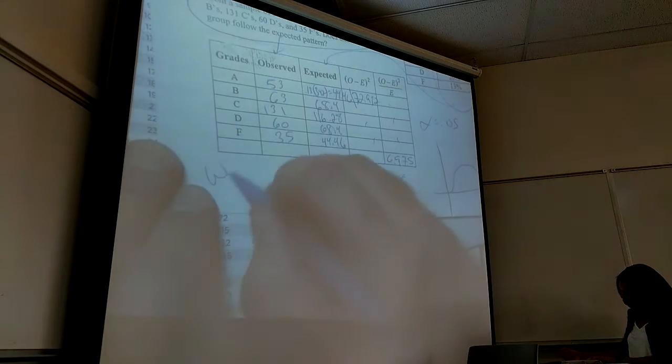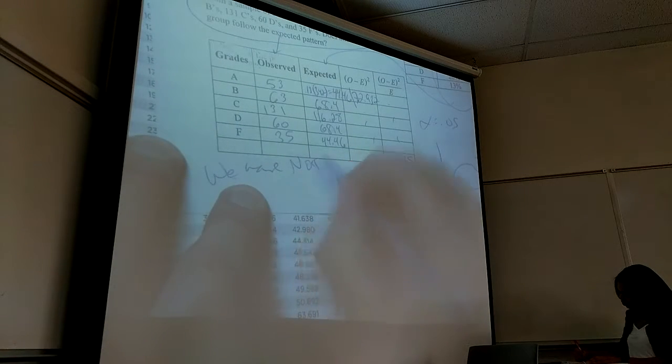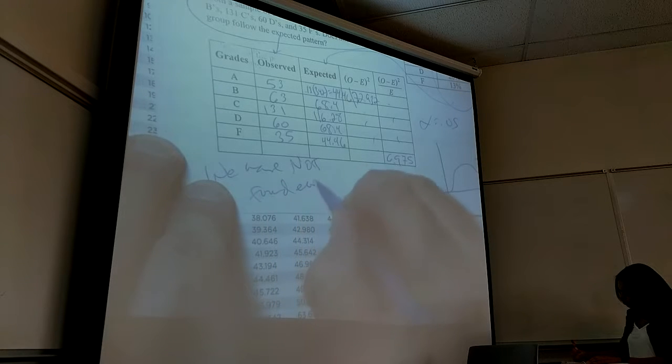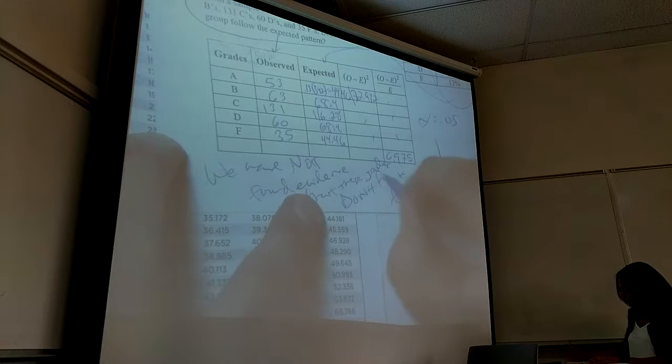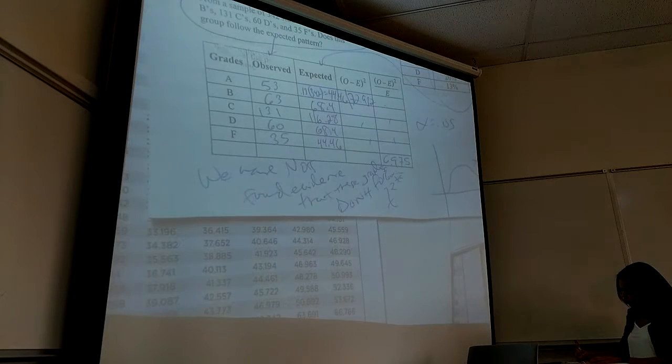So we have not found evidence that these grades don't follow the expected pattern. They were close enough that any of the differences could have been attributable to normal variation. It wasn't so far away that you go, oh, it can't be the same thing.